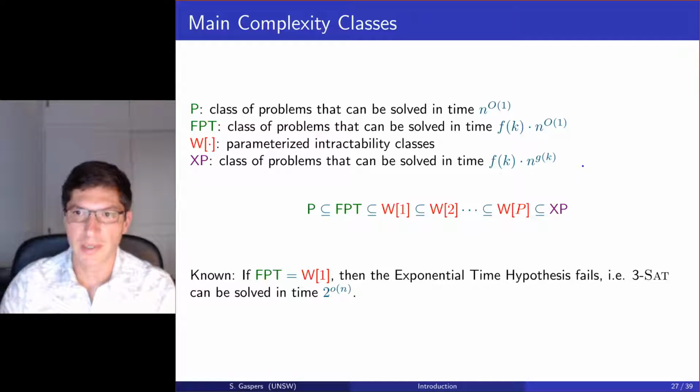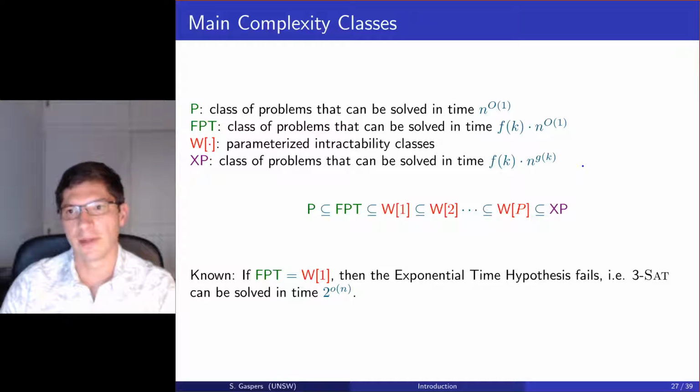When the parameter k has a constant value, then g of k, some function of a constant, is also a constant. It might be a very large constant, but okay, it's a constant. And f of k is also a constant. So we have a constant times n to the power a constant. So that's actually polynomial when k is constant.